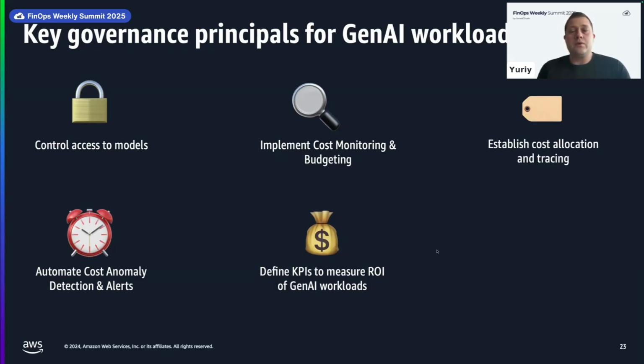Have the right tools for cost monitoring, set budgets, and define the boundary of your spend for generative AI workloads. Also, establish cost allocation and tracing. Make sure that you can allocate your token usage by application, by department, by billing, and by business unit. And you can actually allocate and tag Bedrock token usage by using inference profiles.